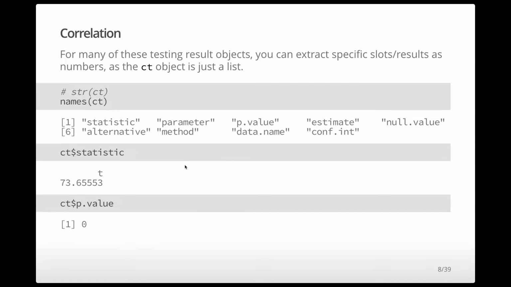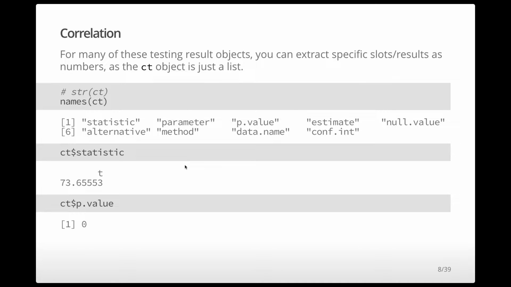We can see there is an element called statistic, parameter, p-value, estimate, null value, alternative, method, data name, conf.int. And we could extract these things using the $ sign like we would in a data frame, but this is, again, not a data frame or a tibble. So we say CT$statistic, and we get these values of a t-statistic of 73, a p-value. It says 0, but again, that's not the case.